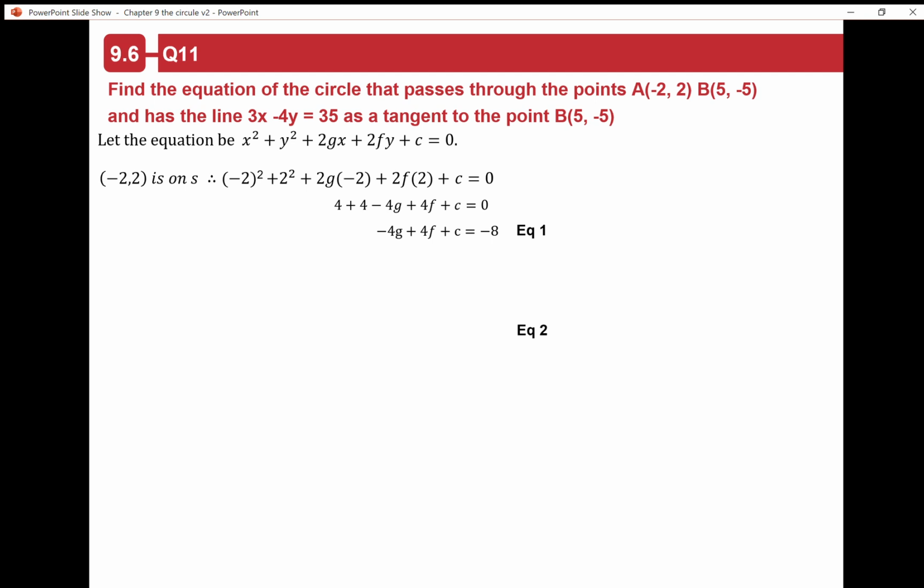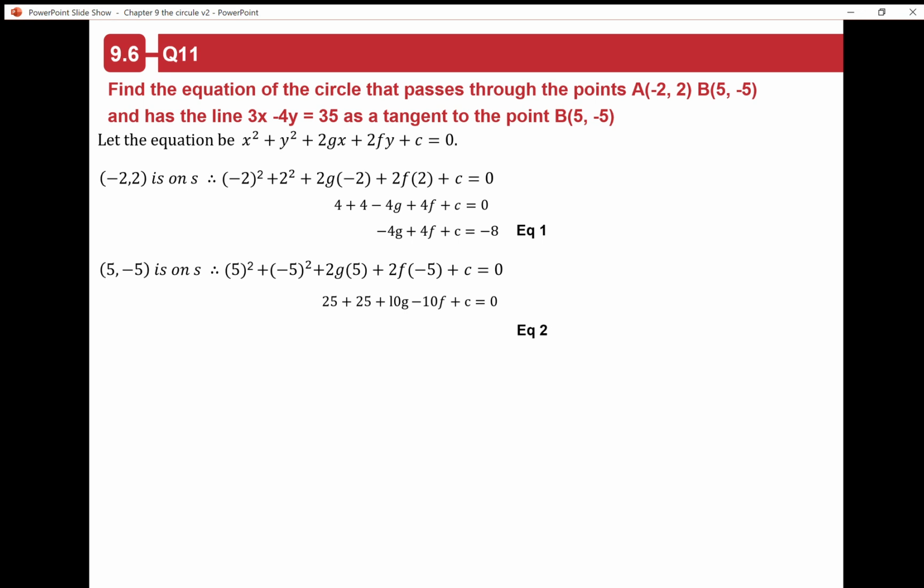Alright, now we need to make a second equation that has f, g and c in it. We know that 5, minus 5 lies on your circle, so substituting this into our equation of the circle gives us 5 squared plus minus 5 squared plus 2g times 5 plus 2f times minus 5 plus c equals 0.